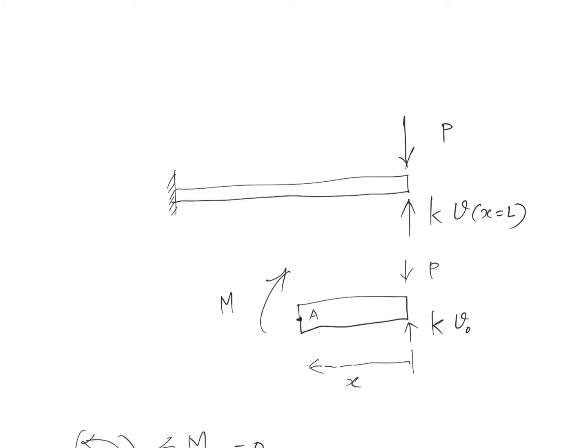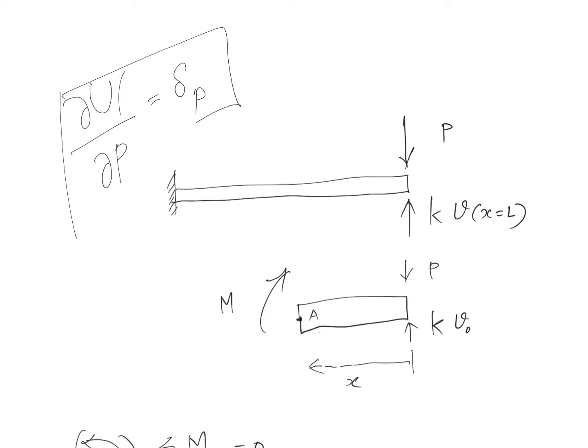Castigliano's theorem states that you write the total strain energy as a function of your loadings and displacements. Then you take the partial derivative of that strain energy with respect to a force, with respect to P in this particular problem, to get the deformation at the point along the direction in which P is acting.